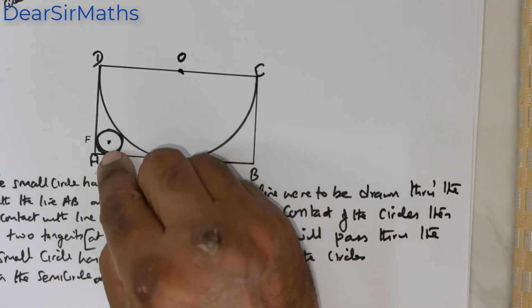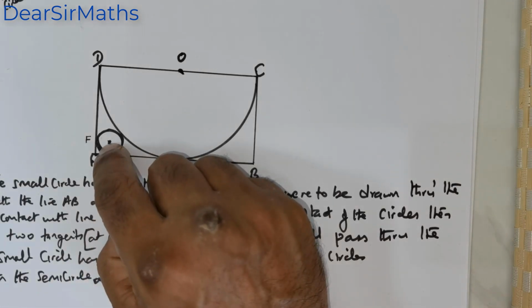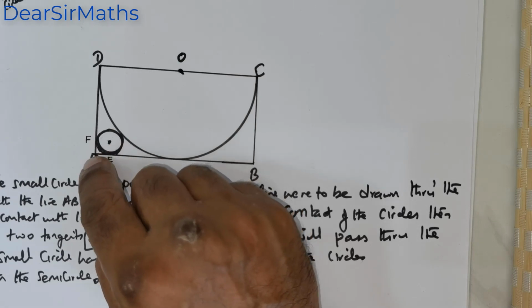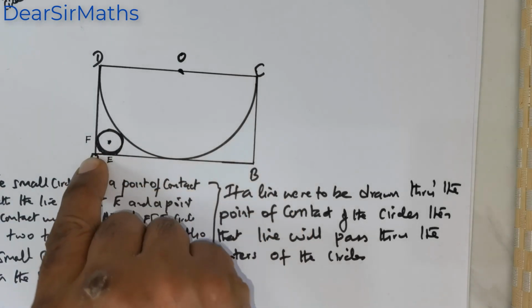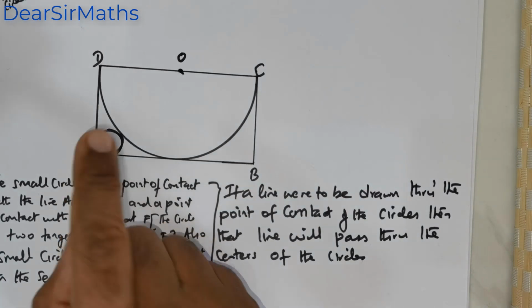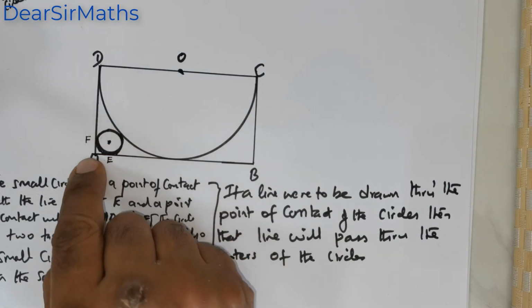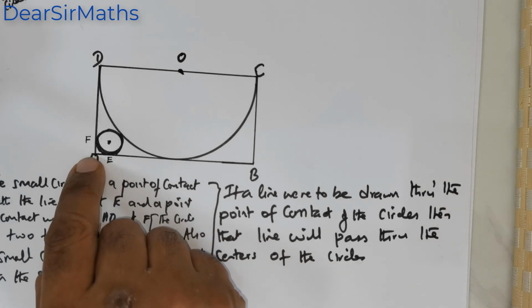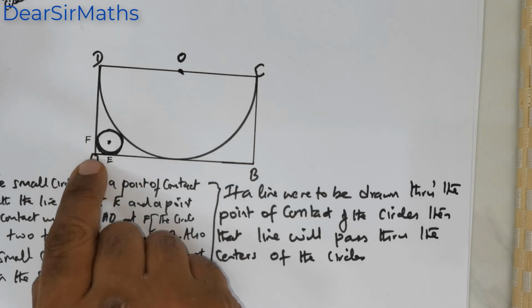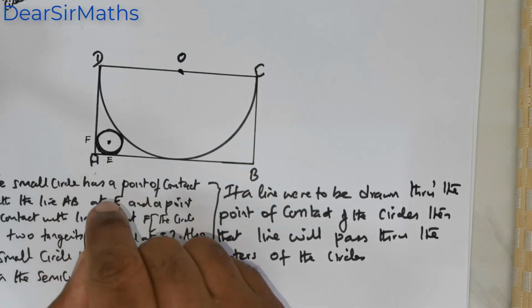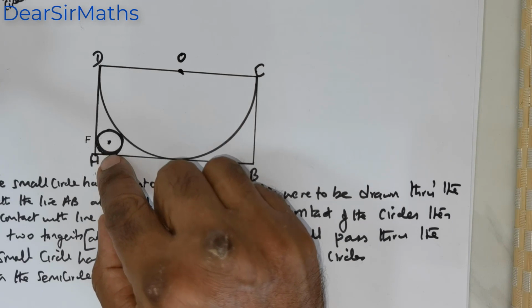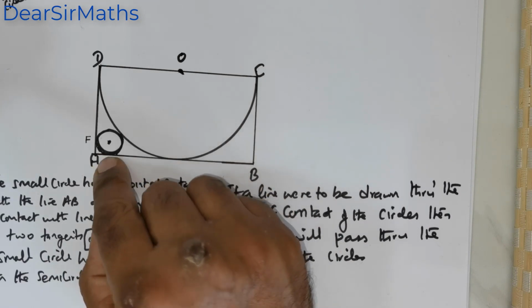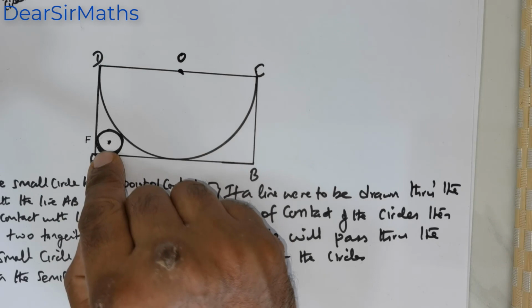Now of course, if you were to extend this particular line, that line would actually hit the point A. Why do I say that it will hit the point A? Because the point A is an external point through which two tangents are being drawn. So since we have two tangents drawn, if I were to draw a line from the center to the tangent, that would be 90 degrees.